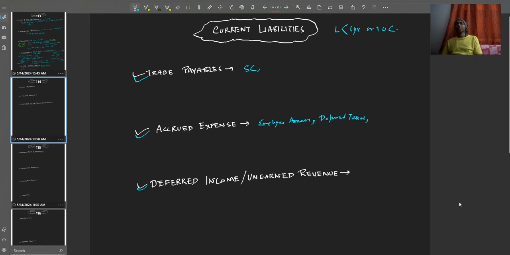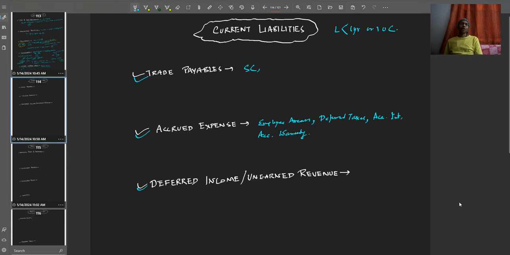Other examples can be accrued interest payments and accrued warranty costs. So warranties have been claimed but you have not fulfilled them on time. This can be a liability for you, that is accrued warranty costs. So these are certain examples of accrued expenses. Then comes deferred income or unearned revenue.